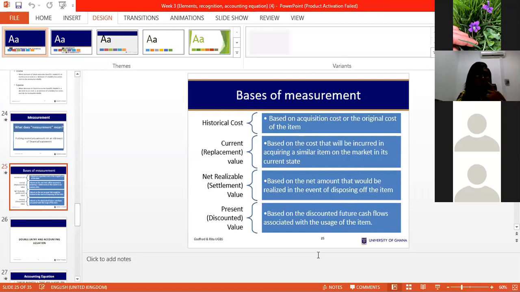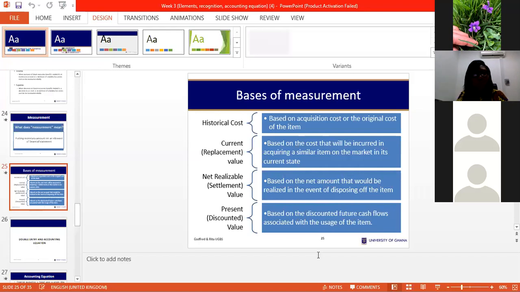If we recall the historical cost concept from last week, we would realize that it refers to the idea that businesses are allowed to show the cost of the item they purchased at the original cost on the face of it.